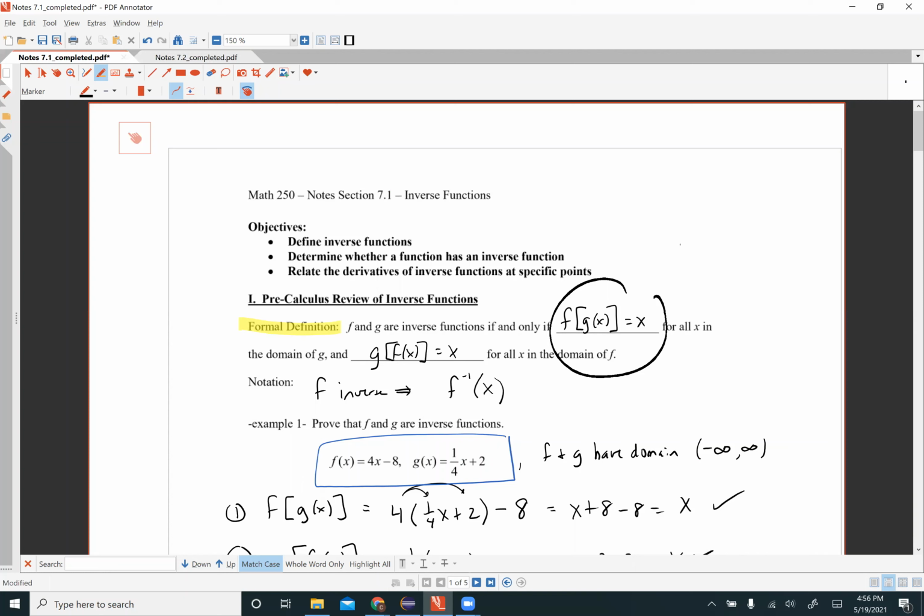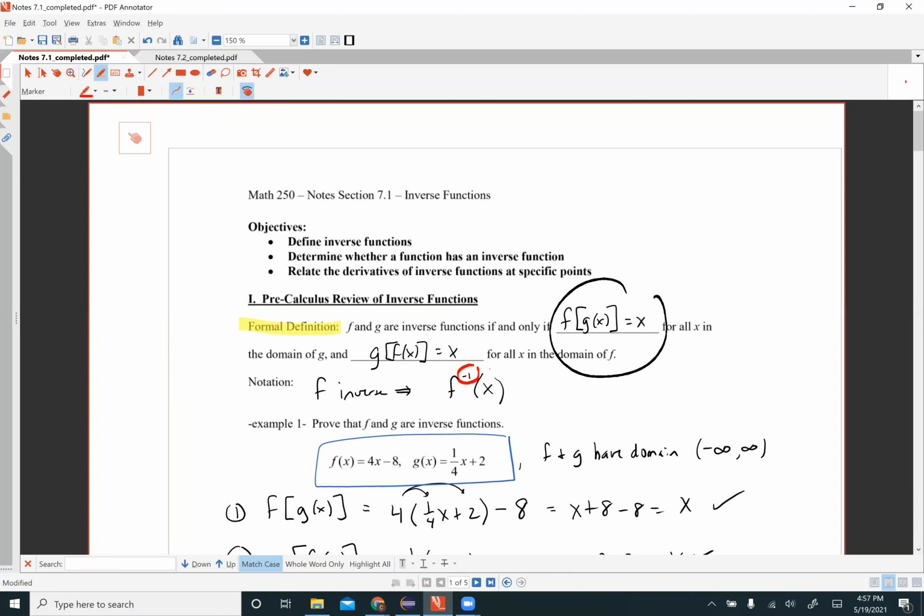And so we denote the inverse like this. It looks like an exponent, so we have to be careful. Sometimes the notation in math can be a little bit confusing. Right there, that is not an exponent. That does not mean 1 over f. The -1 means inverse.